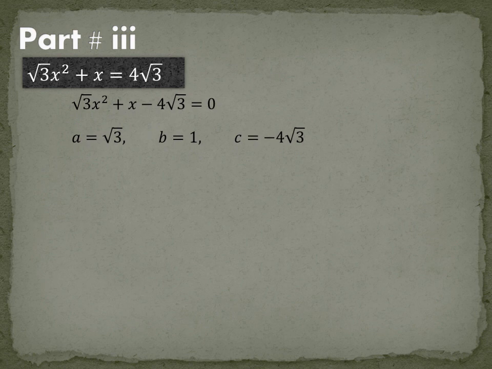So the equation will become under root 3x square plus x minus 4 under root 3 equals to 0. Now we know that the coefficient with x square is a, the coefficient with x is b. As there is no coefficient we can see, so we will put 1, and the constant term is c, and the constant term is having the negative sign, so we have to take this negative sign here.